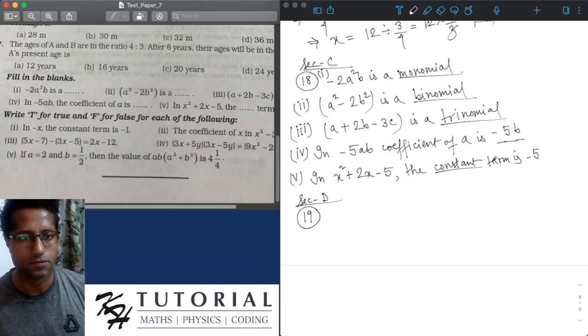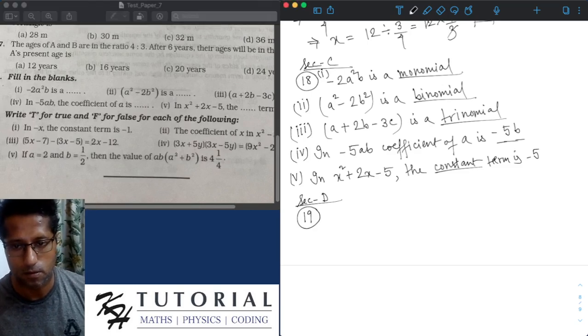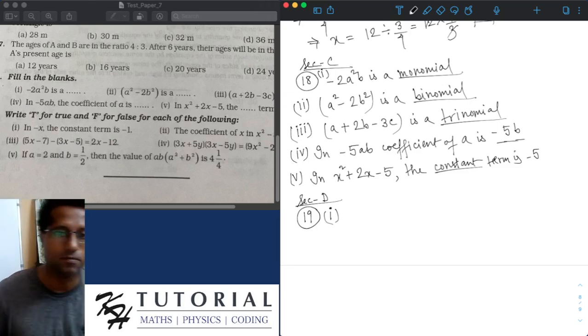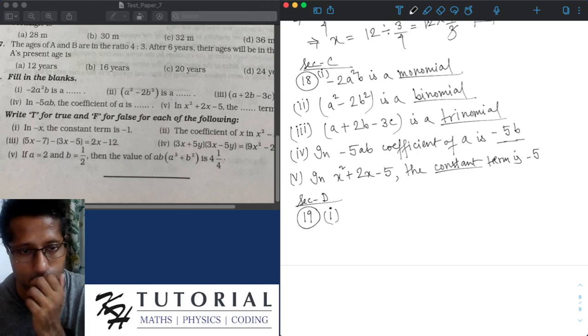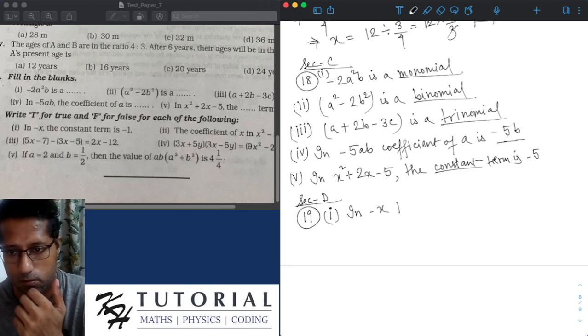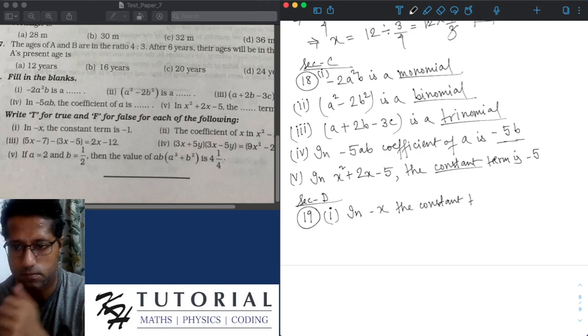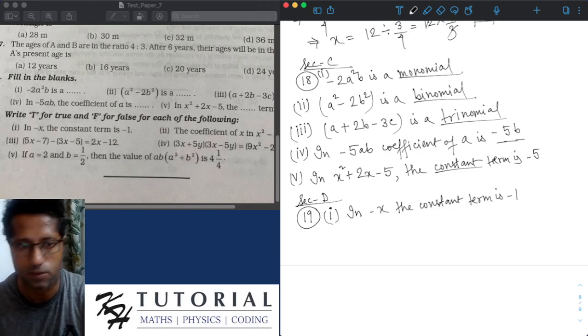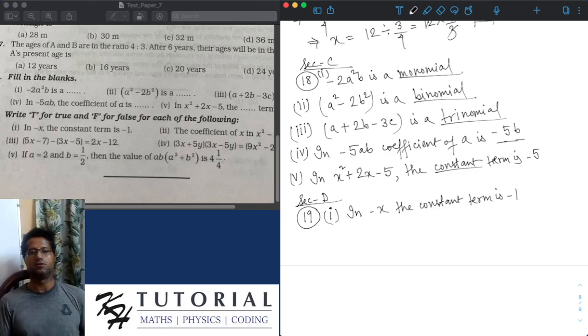Okay, the first one is saying, in minus x the constant term is minus 1. This is false because in minus x there is no constant.